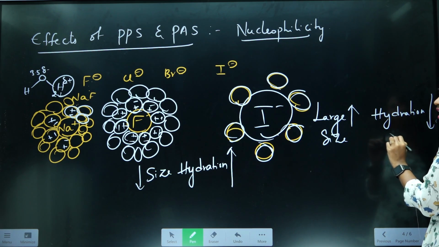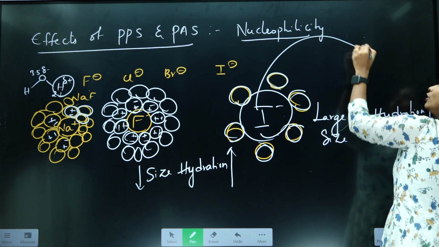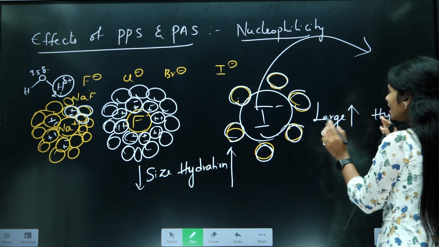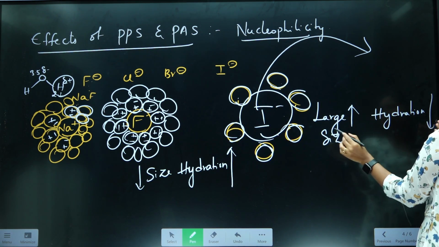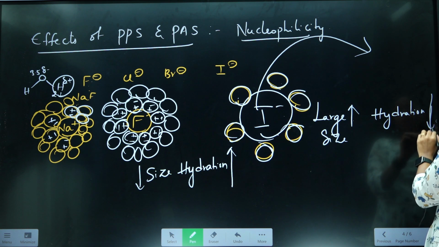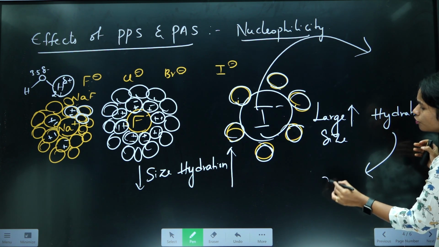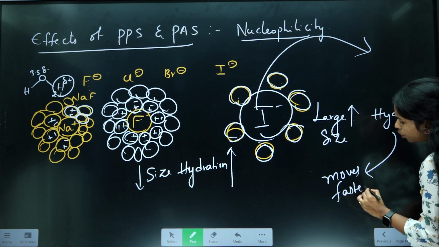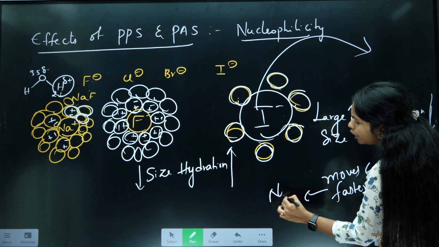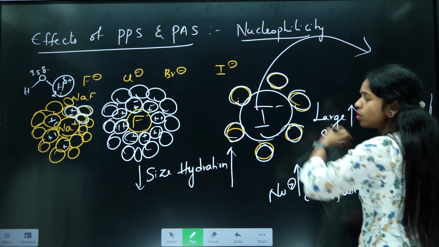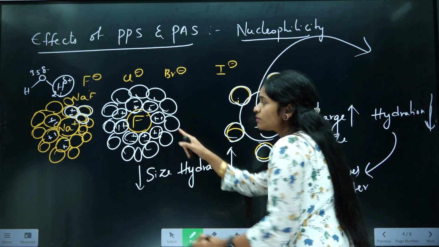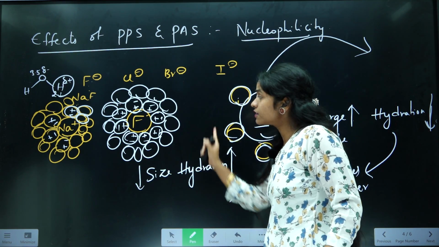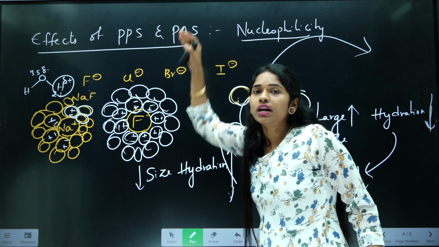If hydration is less, what happens, students? The large ion is attacked by fewer water molecules, so it moves faster. It is a good nucleophile, nucleophilicity increases, and it goes and attacks. But in the case of small fluorine, actually it should attack faster, but because of more hydration, fluorine becomes weak.